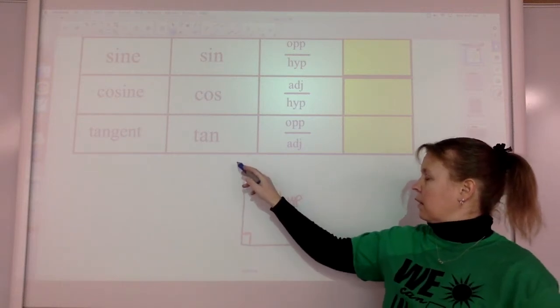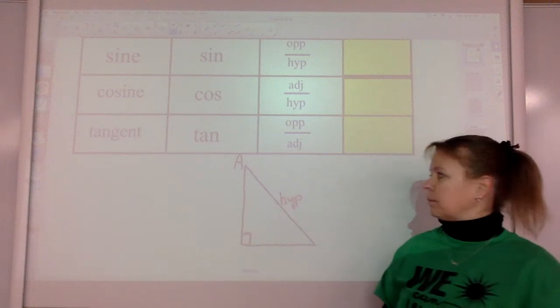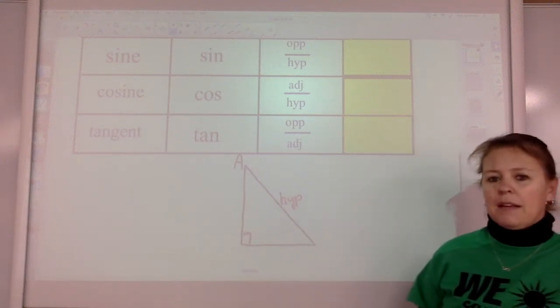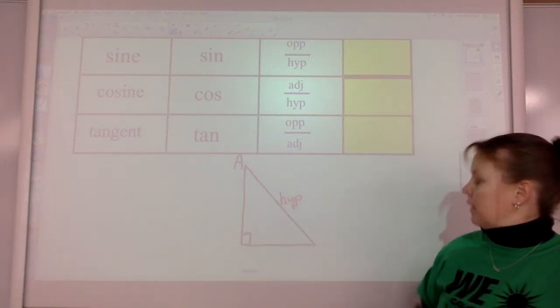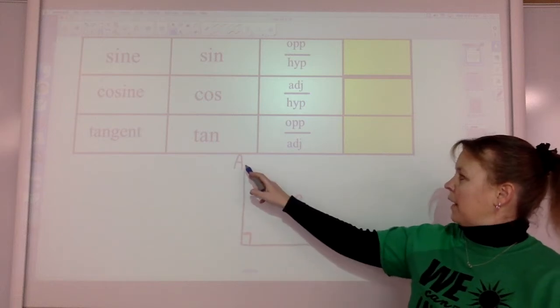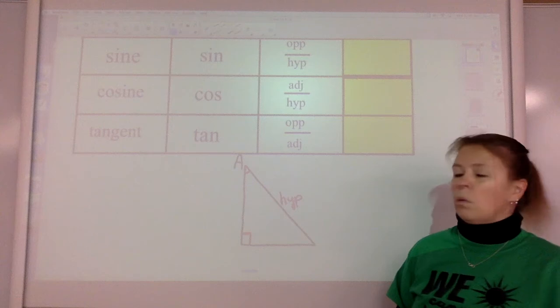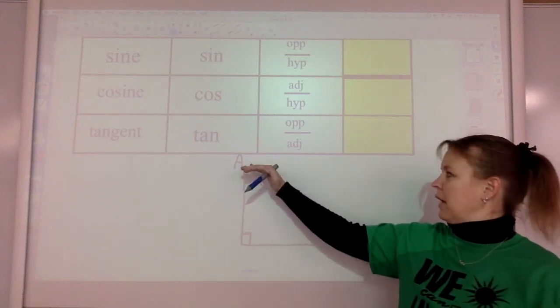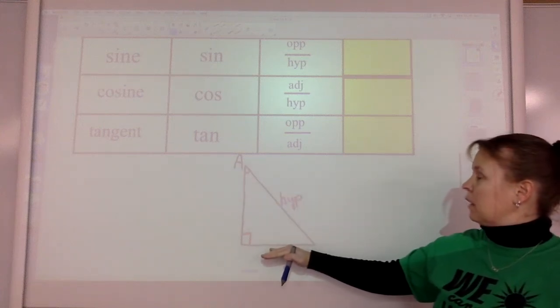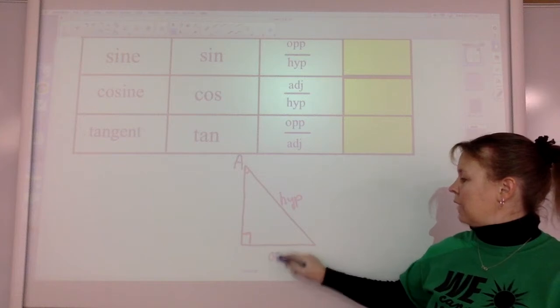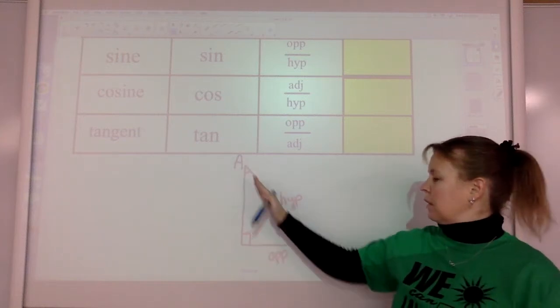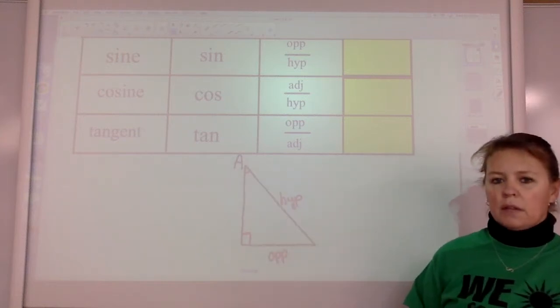So let's label this angle A. If that's angle A, then you know that angle A is in this corner of the room. Well, which side is opposite of angle A? All the way over here, not touching it. The opposite of angle A is way over on the other side of the triangle.